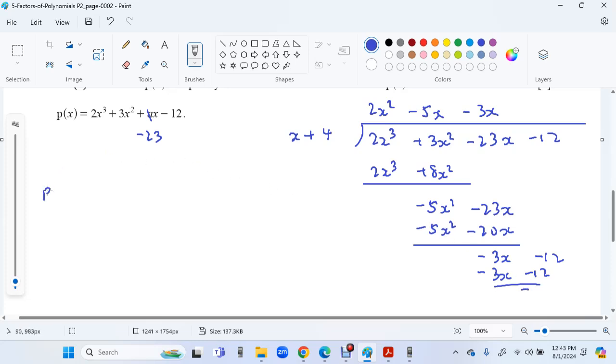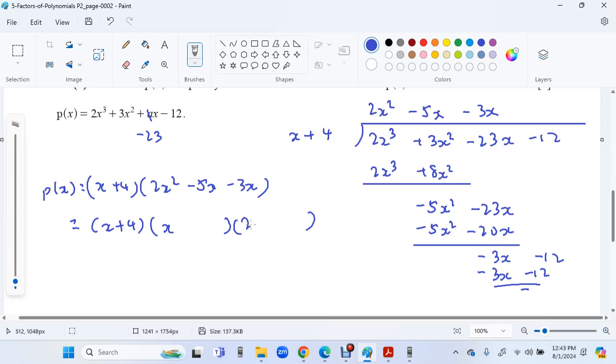So p(x) is x plus 4, 2x squared minus 5x minus 3. Then we have the x plus 4. We factorize this one. x and 2x here. 3, 1, minus 6 plus 1.